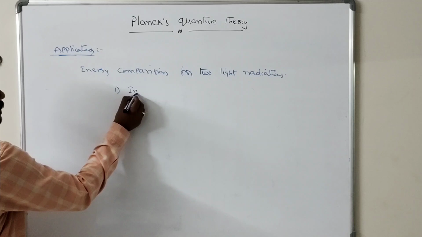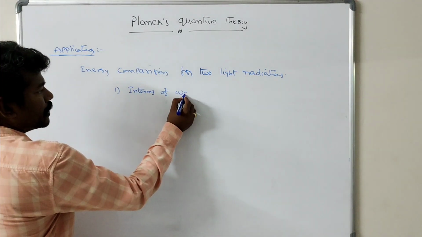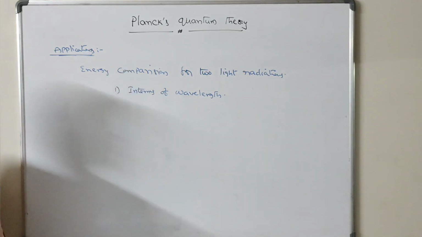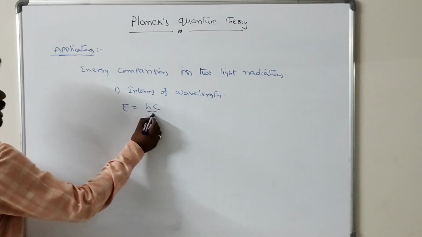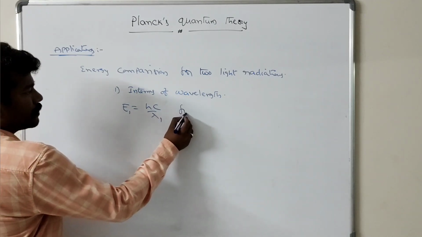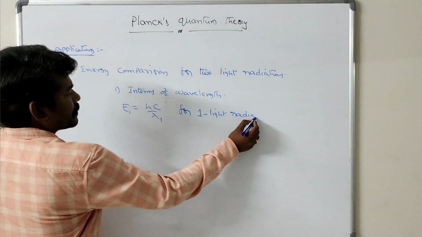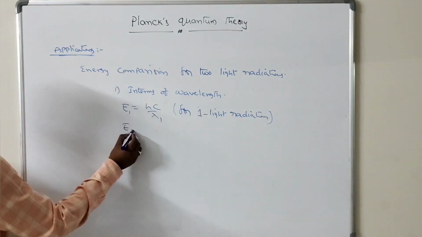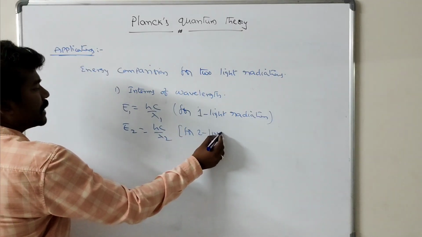First point, in terms of wavelength. In terms of wavelength, the energy comparison of two light radiations goes like this. Let us consider E is equal to hc by lambda. E1 is equal to hc by lambda 1 for the first light radiation, and for the second light radiation, E2 is equal to hc by lambda 2.